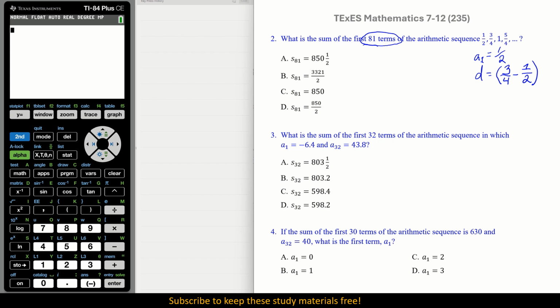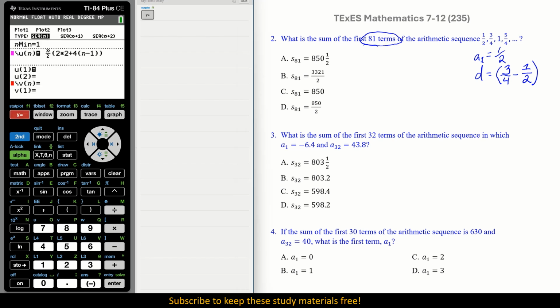So what am I going to type in my calculator? I'm not going to write it down, I'll just type it in, because we already have the n over 2. We need 2 times our a sub 1, which is 1/2. Notice I've got it cursored. I'm going to say alpha Y equals, which gives me the number 1 I want.